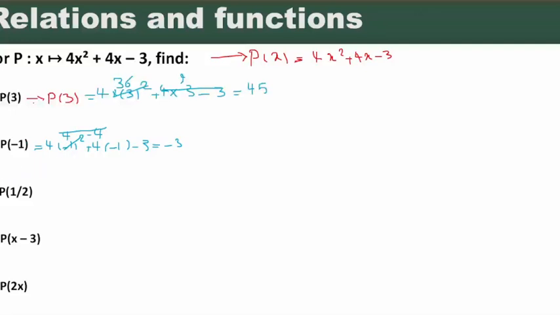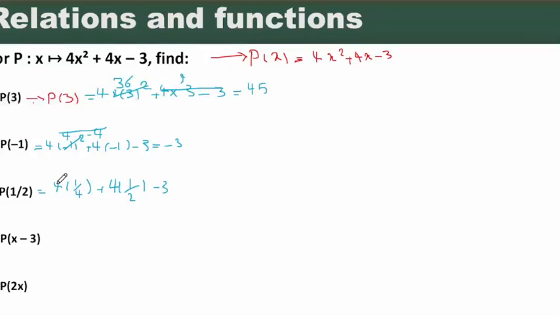And for the next part, part C, it says p of 1 half, so I substitute again 4 times 1 half to the power of 2, which gives me 1/4, plus 4 times 1 half again, and then minus 3.